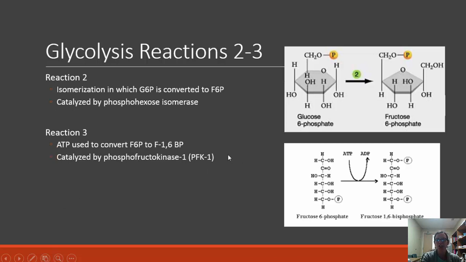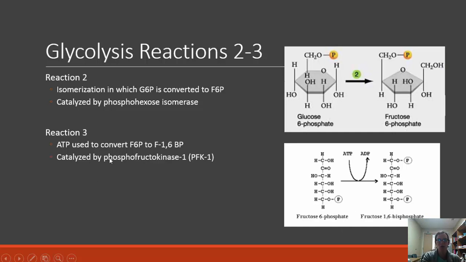Okay, and then we have reactions 2 and 3. In reaction 2, we have an isomerization reaction in which we're converting G6P to F6P. In reaction 3, we do have another energy using step. We've used 1 ATP so far in glycolysis, and in this reaction 3, we're using another one.